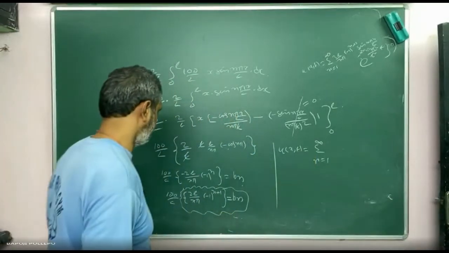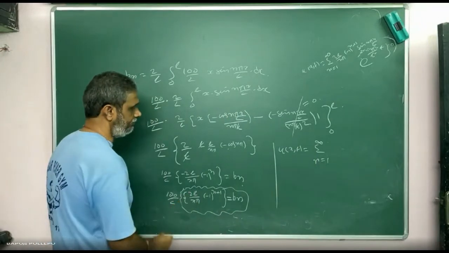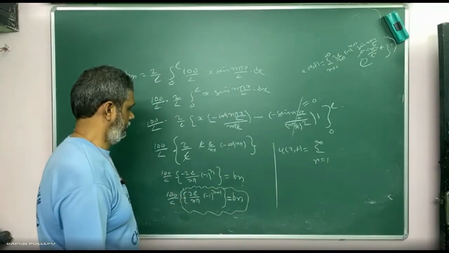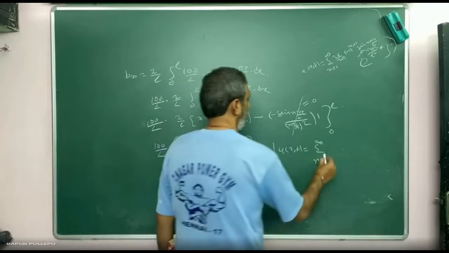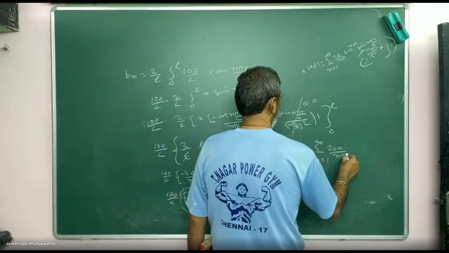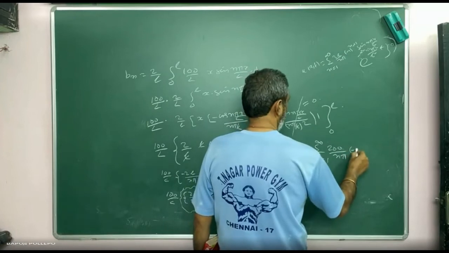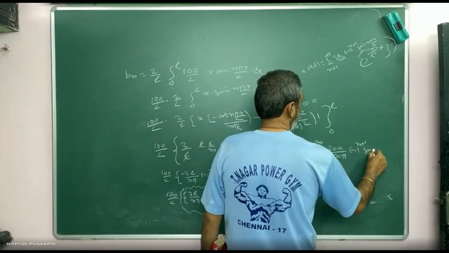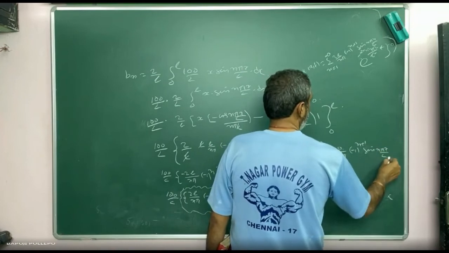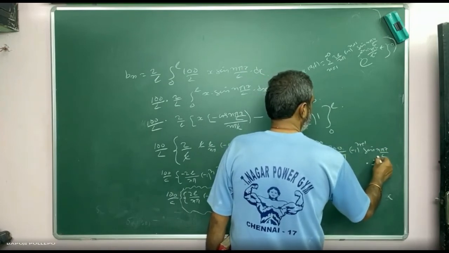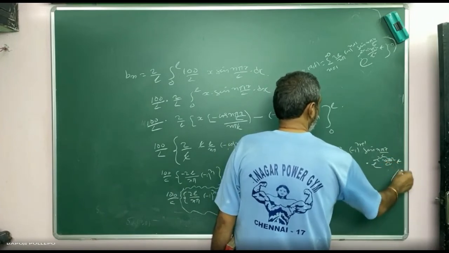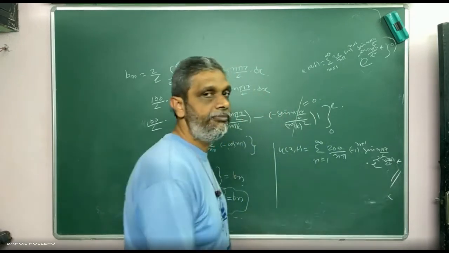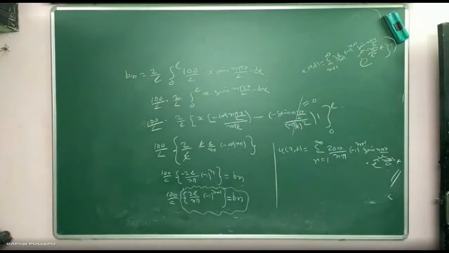L will cancel, correct? What is the solution? 200 by n pi minus 1 to the power of n plus 1 sin n pi x by L into e to the power of minus alpha square n square pi square divided by L square into t. This is the general solution for any type of heat equation. What is the temperature on the rod from one end at any time, this is the answer.